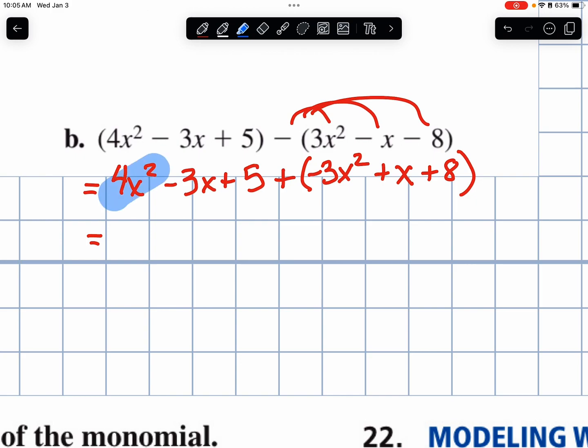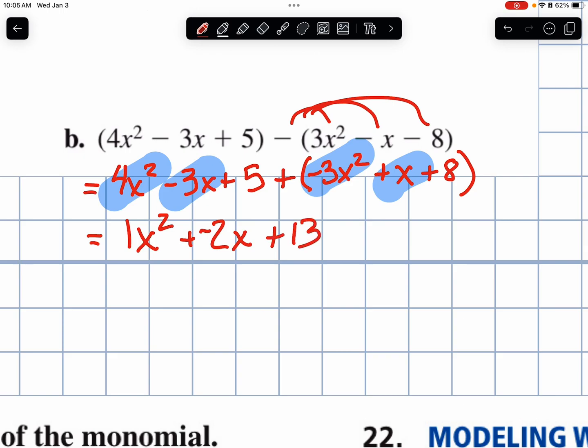So we see a 4x squared and a 3x squared. I add those up, I get a 1x squared. Don't need the 1, but that's okay. Negative 3x and an x gives me a negative 2x. And I'm going to change that to plus. You could write minus, but plus negative 2 I think is clearer. And then plus 13.